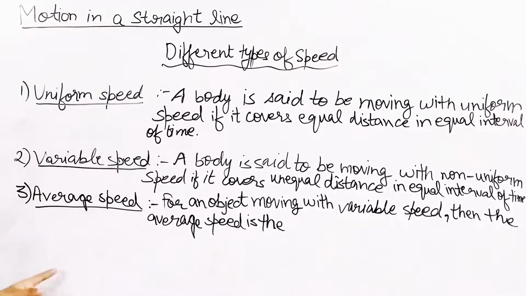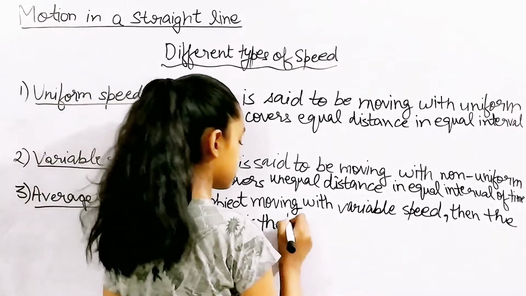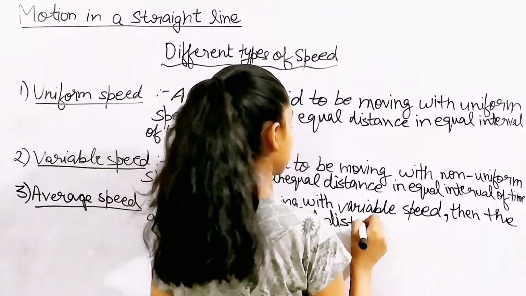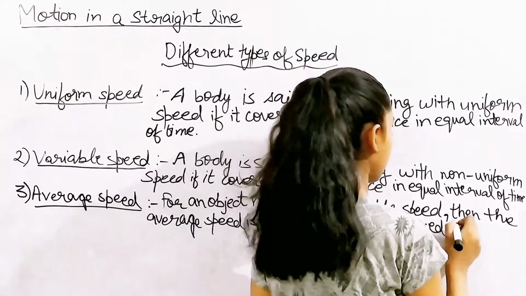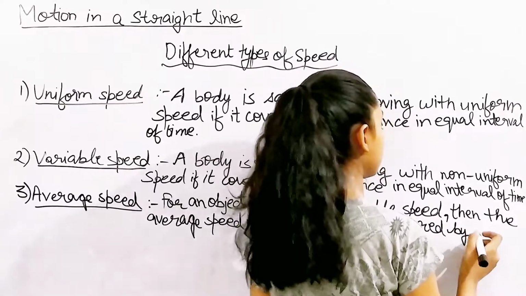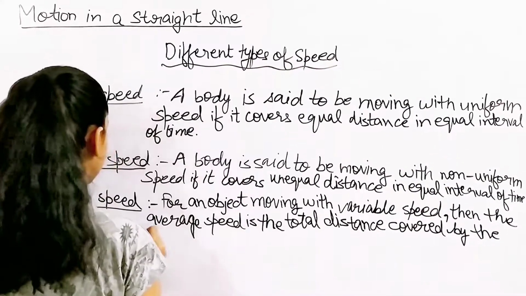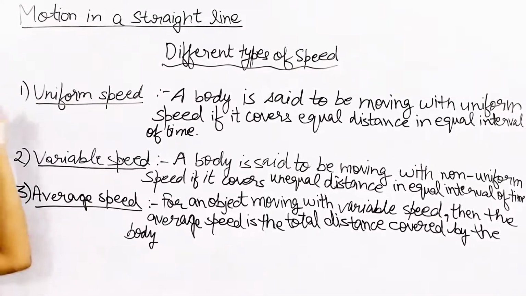Let's continue with this definition, and then we'll move on to instantaneous speed. I was writing that the average speed is the total distance covered by the body divided by the total time taken to cover that distance.